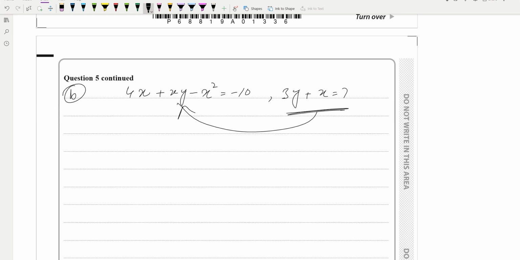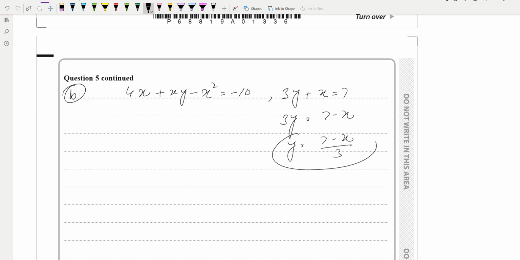Now we can write the value of y. 3y is equal to 7 minus x, and y will be equal to 7 minus x over 3. So this will be the y value which we will replace here, and this will be 4x plus x into 7 minus x over 3, minus x squared is equal to minus 10.